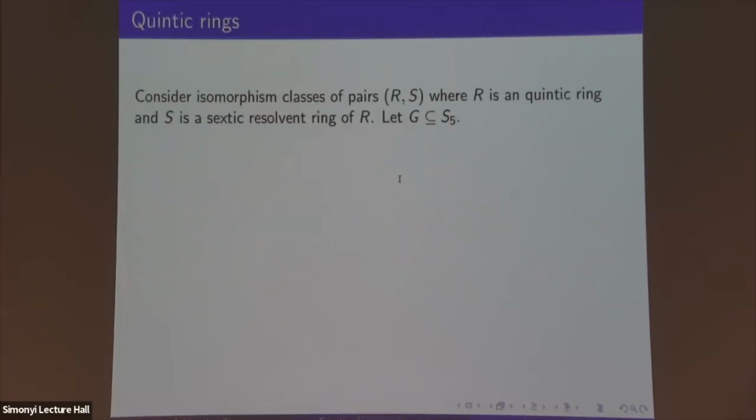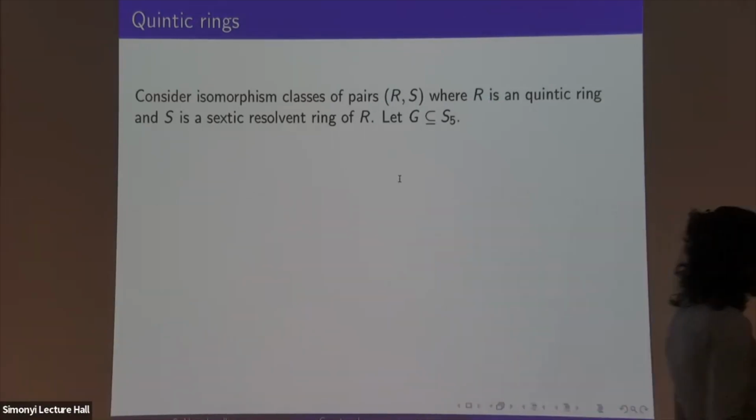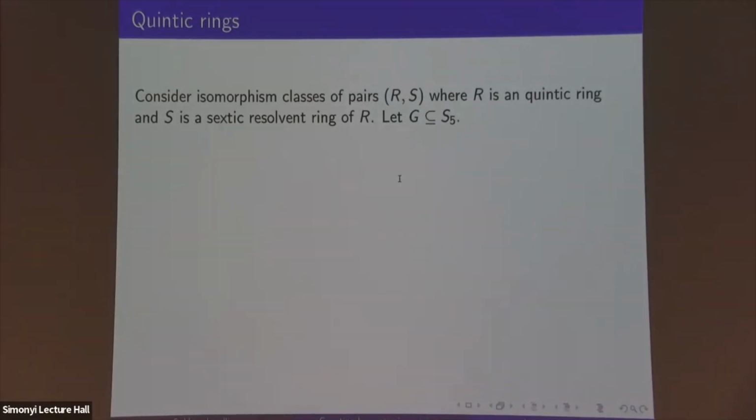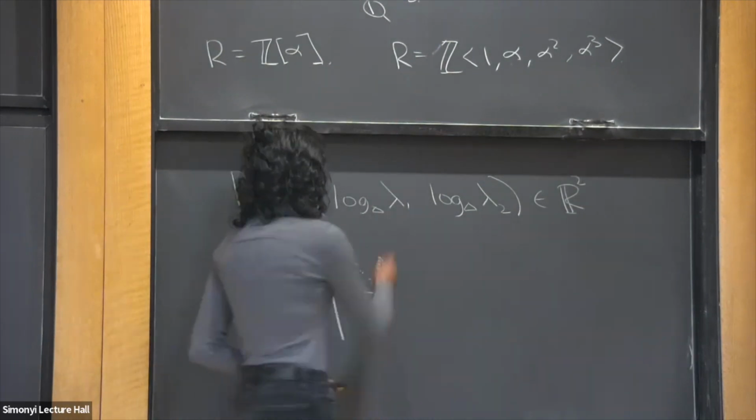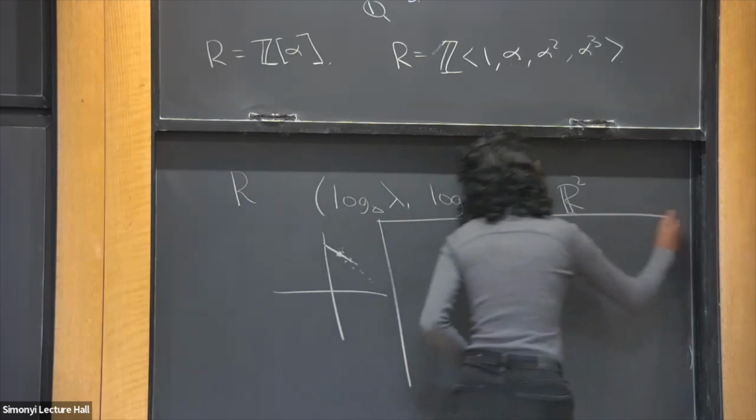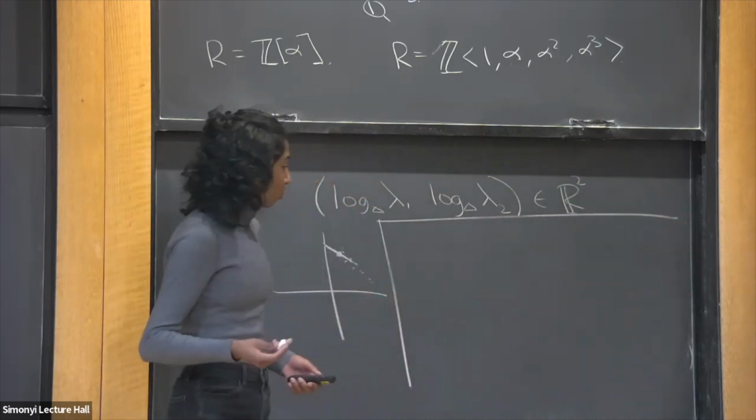So let me talk about quintic rings. In the quintic case, we want to consider pairs R, S, where R is a quintic ring and S is a sextic resolvent ring of R. For people who haven't seen this before, let me explain briefly what a sextic resolvent ring is. It's almost exactly the same as the quartic case.